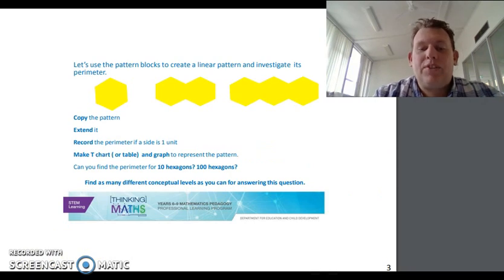Once you've done that, the last step is to write down in words one of those ways you could work out the 100 hexagons without having the shapes there, without drawing them out, using your counters and counting the sides, or going through your T-chart each time.